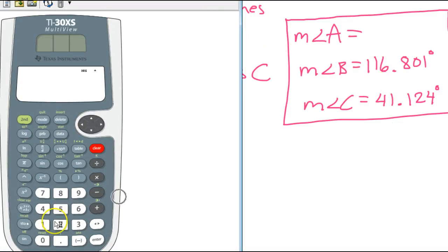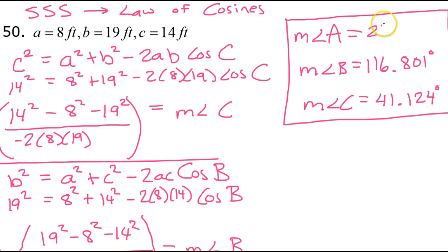Because I have 2 out of 3 angles, I can just go 180 minus 116.801 minus 41.124. So that leaves 22.075. And that's it for number 50.